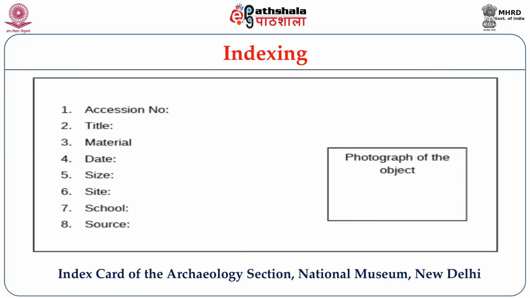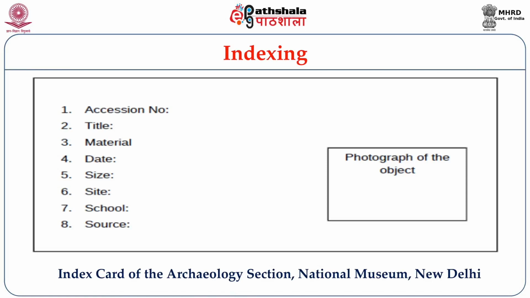This is an example of an index card used by the archaeology section of the National Museum, New Delhi. The main points are the accession number of the object, the main title of the object, and the material, that is the material composition of the object.